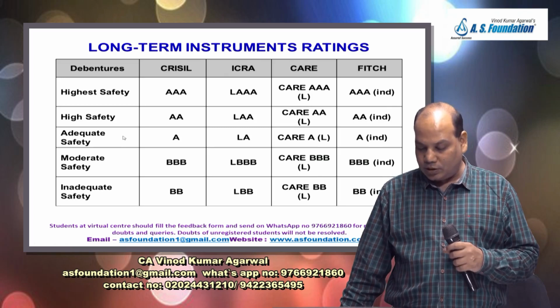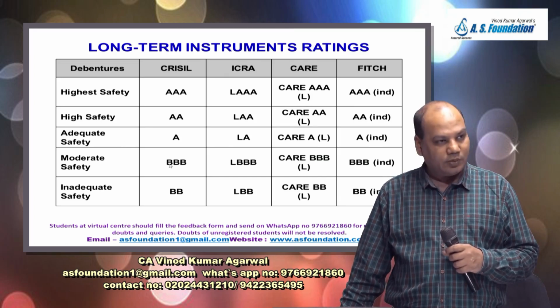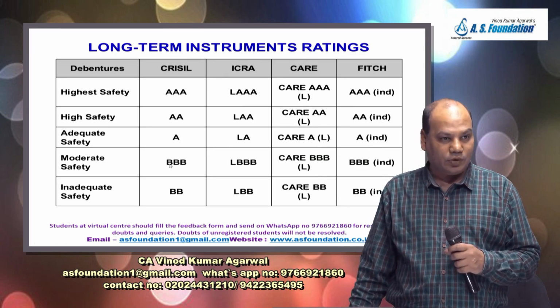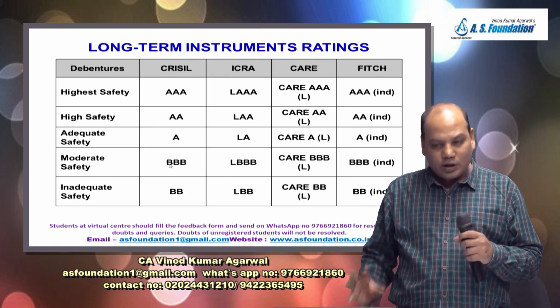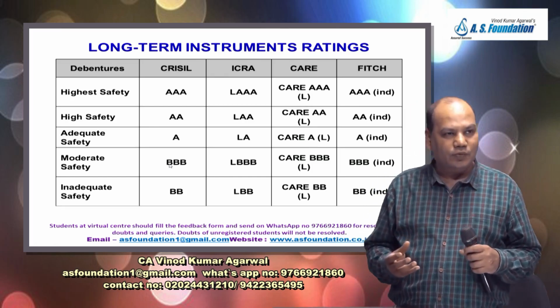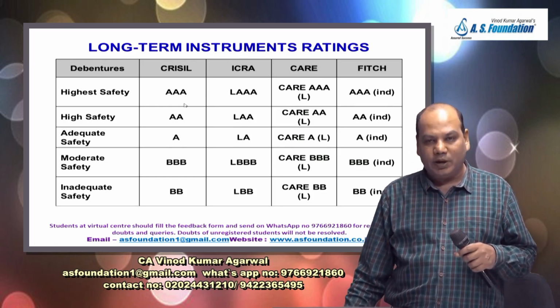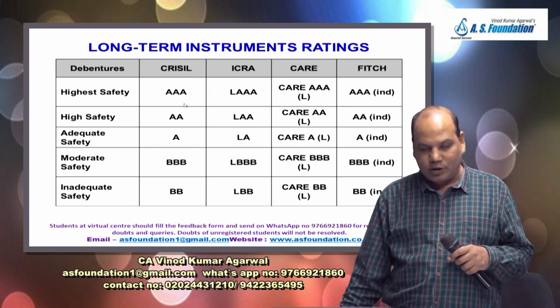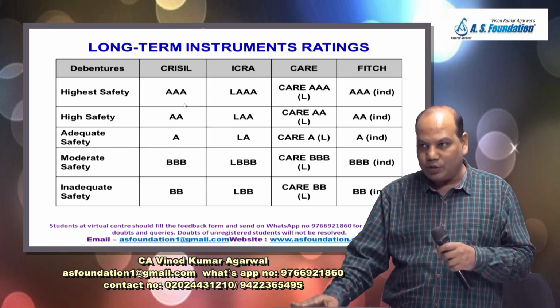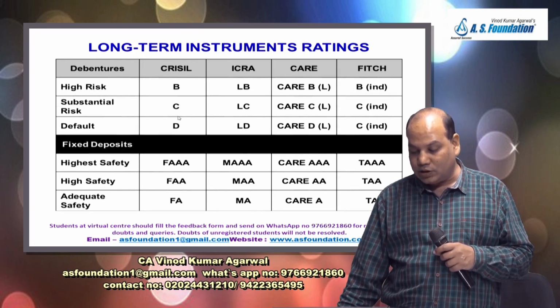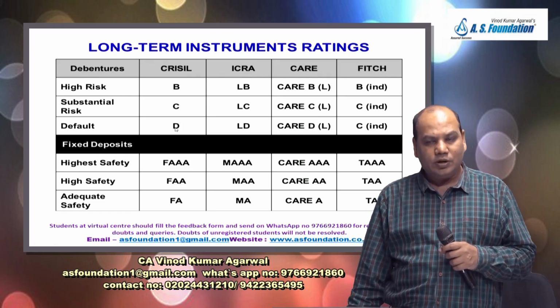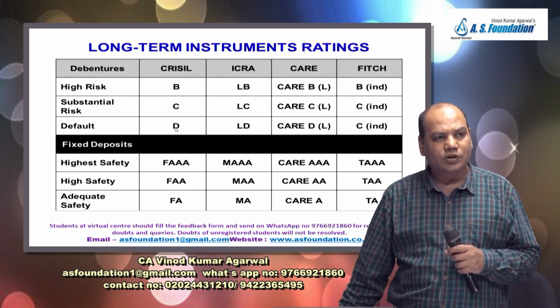Suppose you are investing in a triple B rated bond, so you know that it has a risk involved. It has moderate safety, which means it has higher risk involved. If you are investing in a triple A rated bond, you are mentally sure at that point of time that it is the highest safety instrument. If you are investing in a C or D rated bond, it means the risk of default is substantially high.